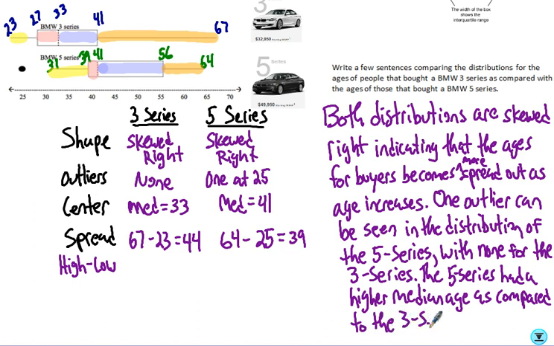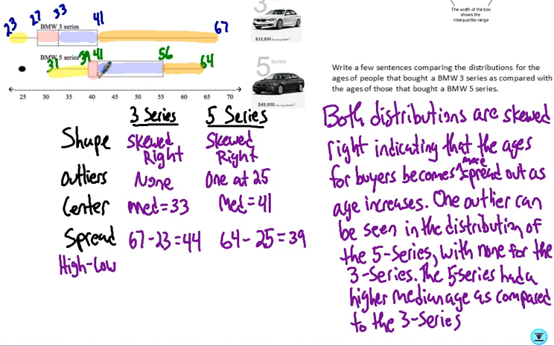All we were saying there is that the 5 Series is a bigger, more expensive car, so it's an older person that's buying that vehicle, even though we had an exception, our outlier of a 25-year-old. But for the most part, the 5 Series is going to be an older buyer. And the last thing we want to speak about is the spread.